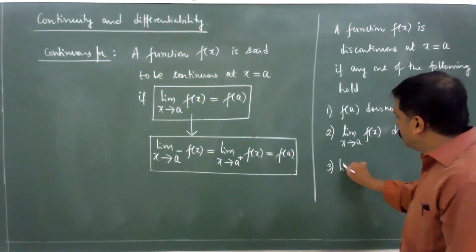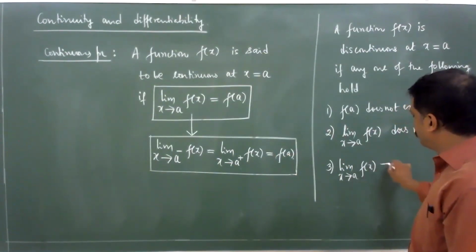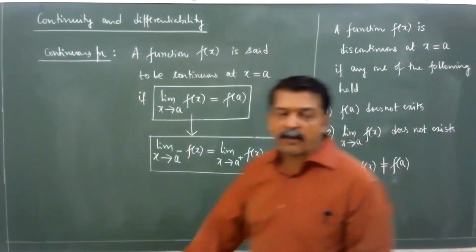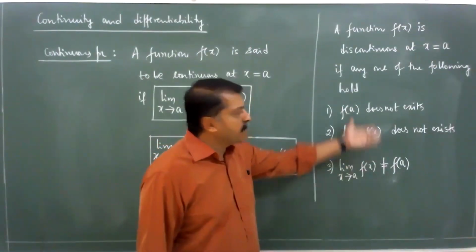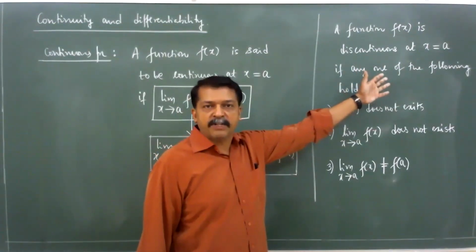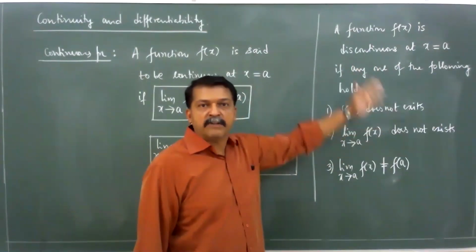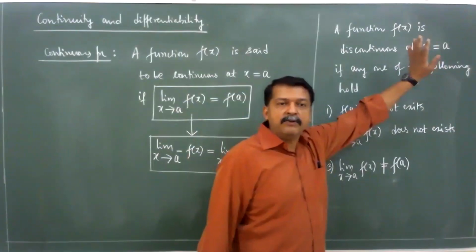Third, limit x tends to a, f of x exists but is not equal to f of a. So if any one of these conditions holds, the function is called a discontinuous function, or we say the function is not continuous, discontinuous at the point x is equal to a.